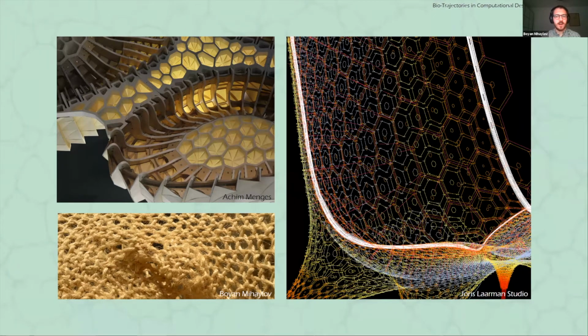What I found out along the way is that computational design is less of a well-defined school of design, and more of a methodology which can manifest itself in many different nuances of design ideology and philosophy.